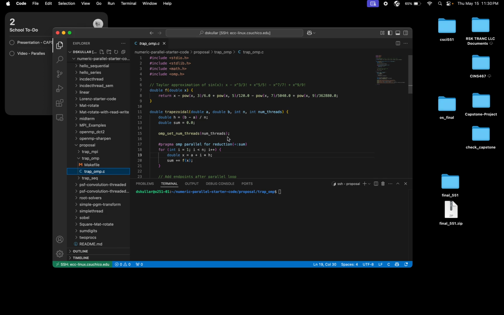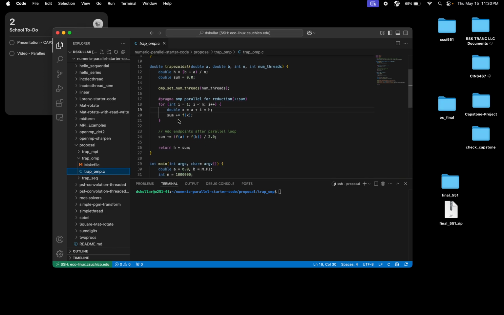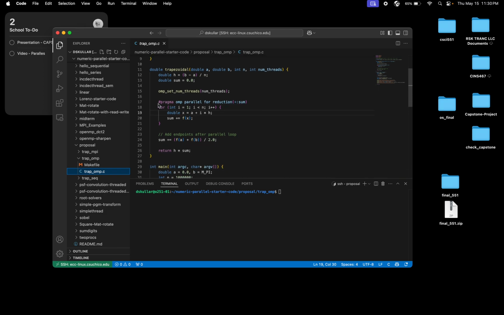Let's go through a little bit of the line by line here. We have our trapezoidal function, where we use omp_set_num_threads to control how many threads to use. And then we parallelize the loop that sums up the trapezoid values using a pragma.